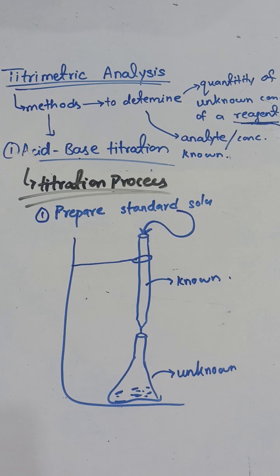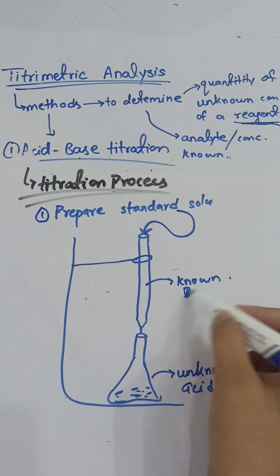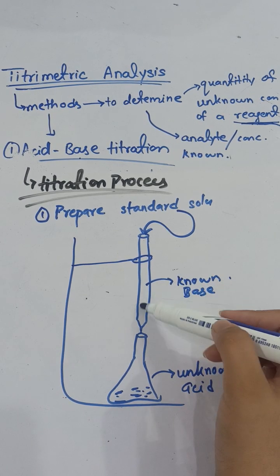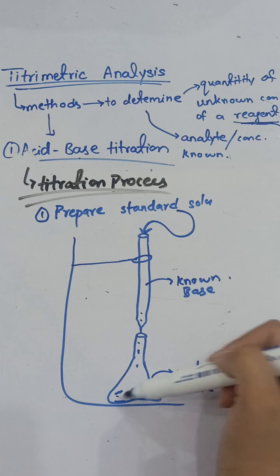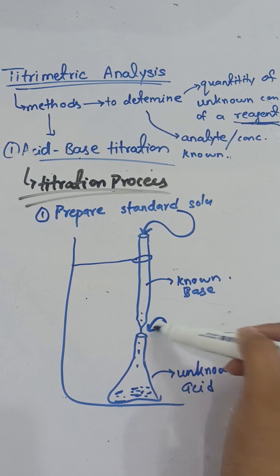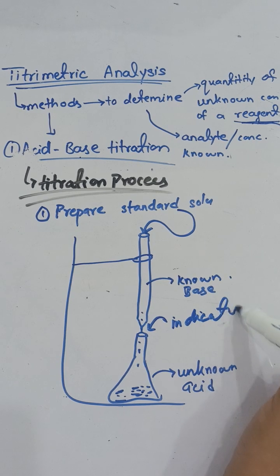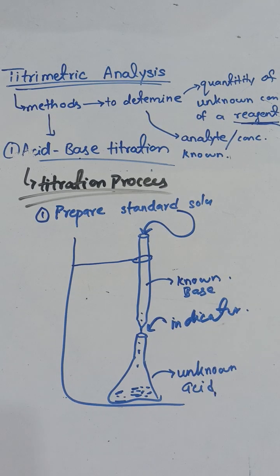So if we have an unknown acid here, we will add the base from the burette into the acid. Also you have to add the indicator, like phenolphthalein. If you add phenolphthalein into the acid, it shows colorless, and when the base is added, it shows the pink color. So this was the whole procedure of titration.